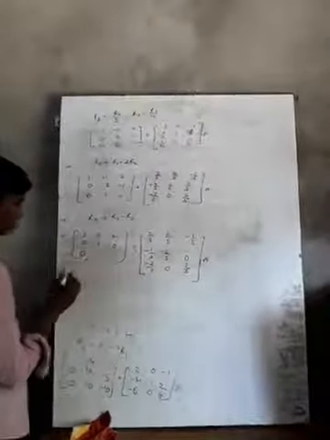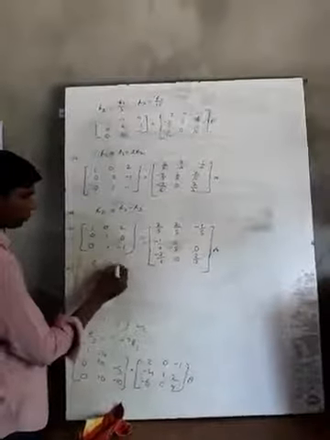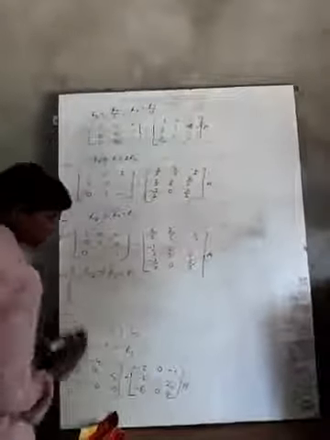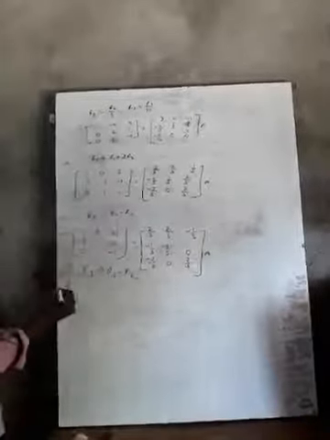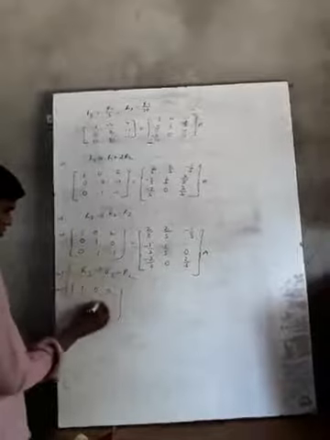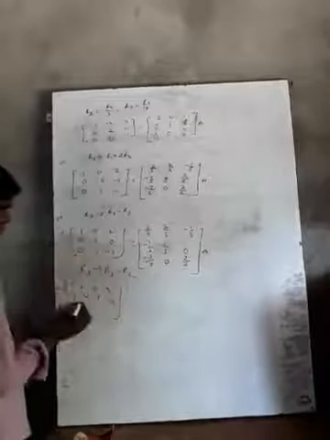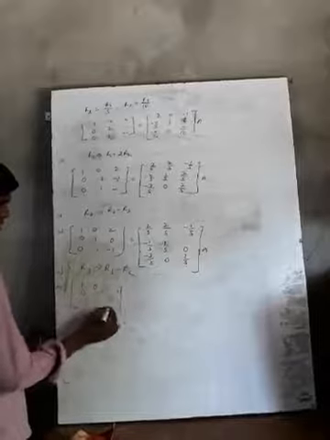Here we need 0. So to get that, we can write R3 changes into R3 minus R2. 1 0 2 0 1 0, 0 minus 0, 0, 1 minus 0, 0, this minus this, minus 1.